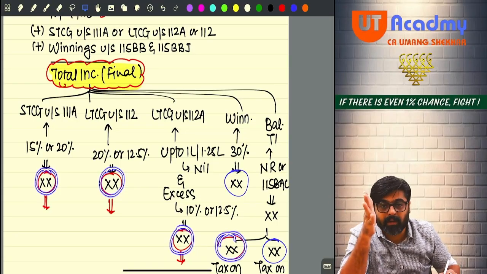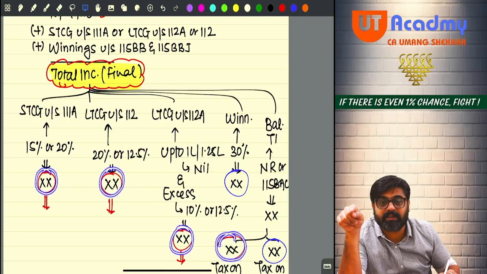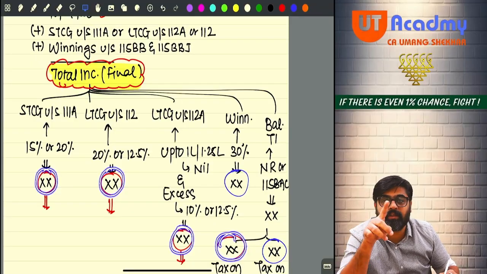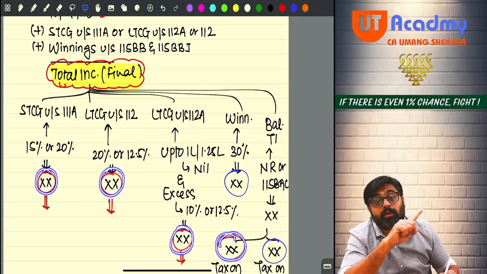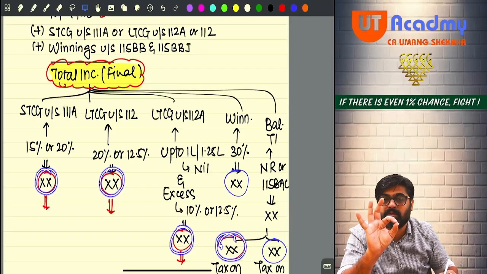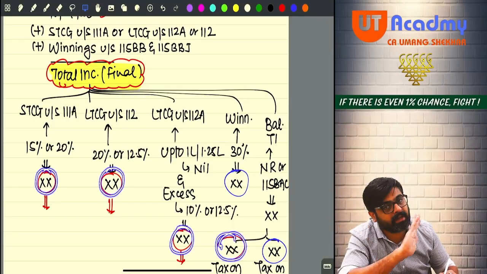Four taxes you are supposed to remember: tax on STCG 111A, tax on LTCG 112, tax on LTCG 112A, and tax on your dividend income. On these four incomes, whatever tax you have calculated, the higher rate of surcharge, 25% or 37%, cannot be applied.